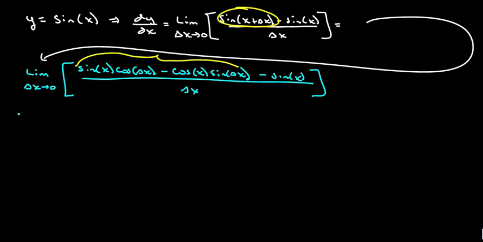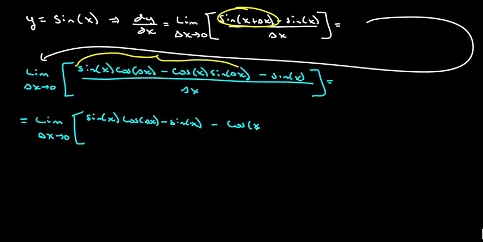Okay, so this then is equivalent to the limit as delta x goes to 0 of, now what I'm going to do is move these guys over. So I'm going to have sine x cosine delta x minus sine x, minus cosine x sine delta x, over delta x.